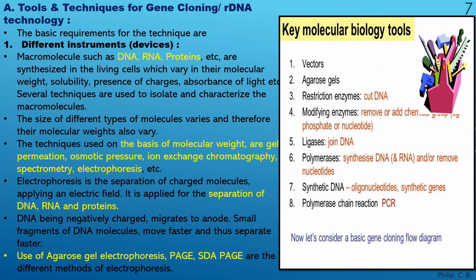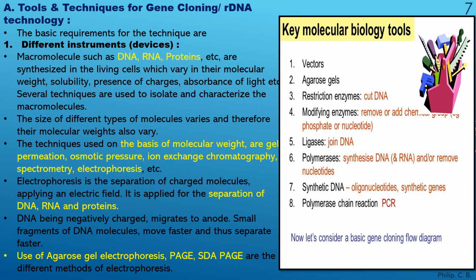Now, coming to the tools and techniques for gene cloning, rDNA technology. Now when you say tools, for anything and everything, when you make certain things, even for construction, you need various tools. So even in case of gene cloning or rDNA technology, we need tools. So again, coming to the image which I put up, where you can understand what are the basic tools required.